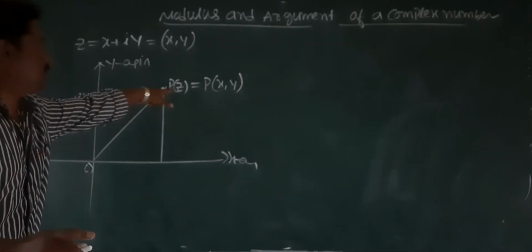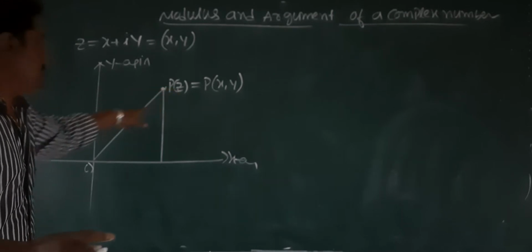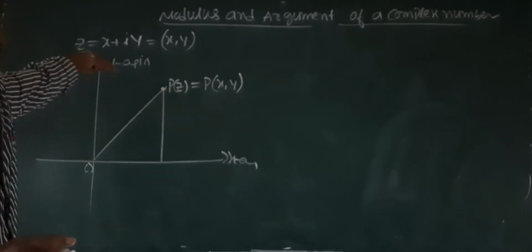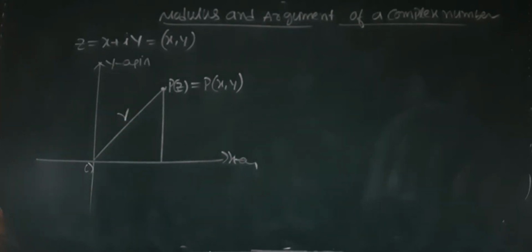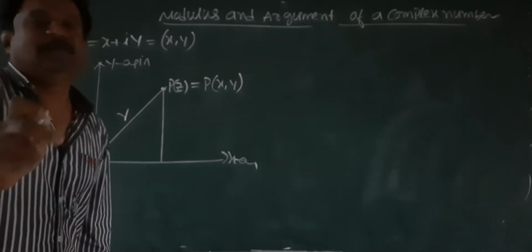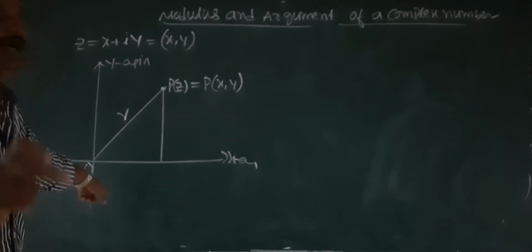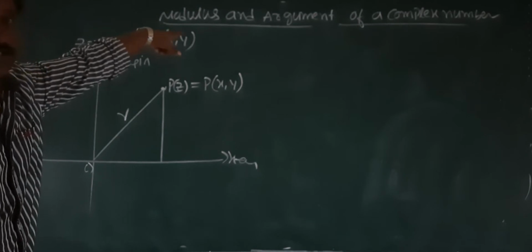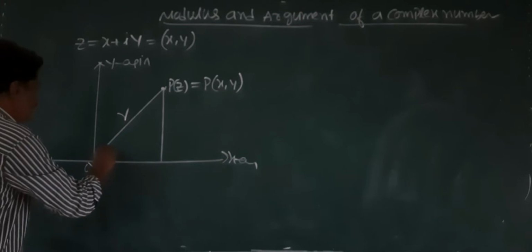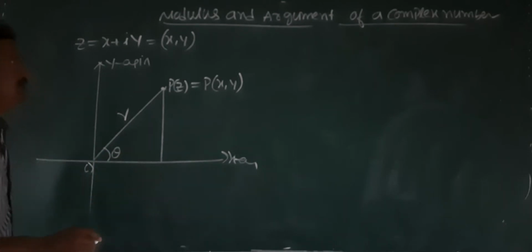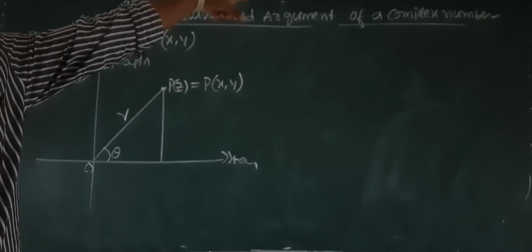Distance of the complex number from the pole, length of the complex number from the pole, is called modulus, and we represent that by r. r means length of the complex number from the origin, and it is also called modulus. And this angle theta is called the argument or principal argument.